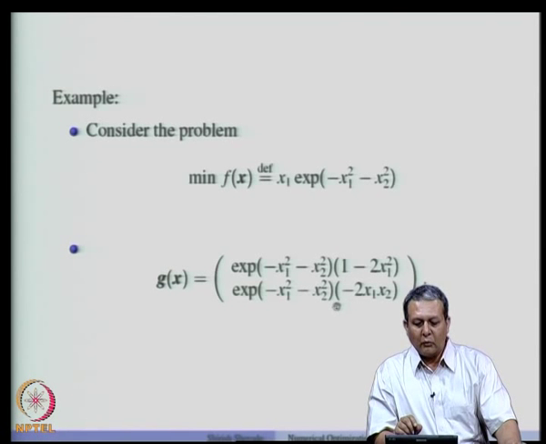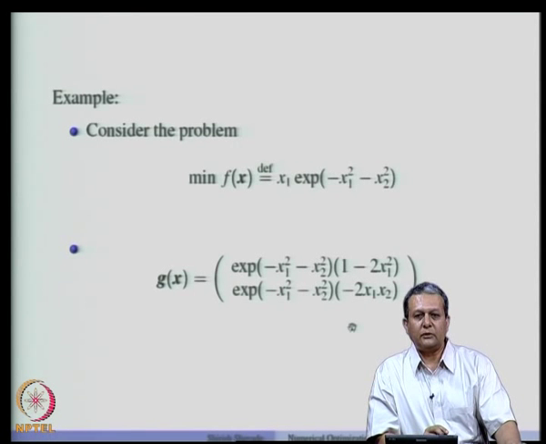Now, we are interested in finding a point x star such that g of x star is a 0 vector. So, both the components of this vector should be 0.